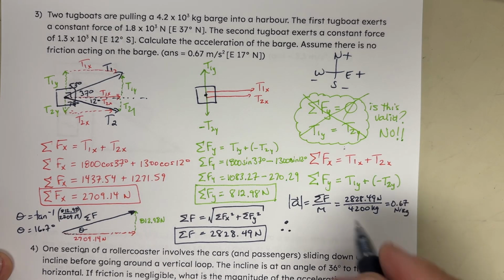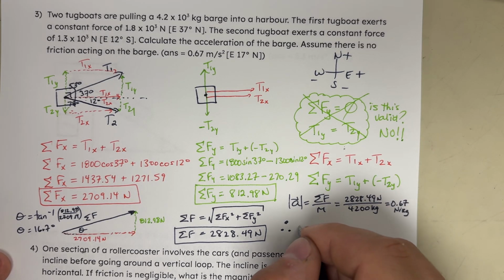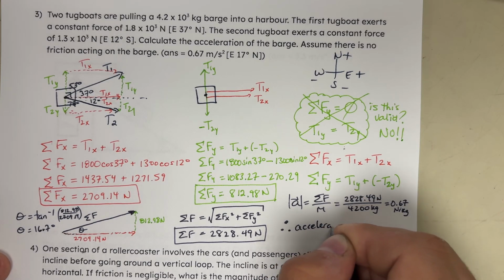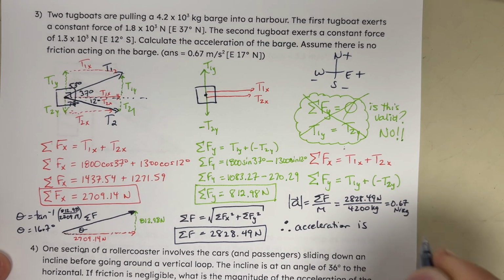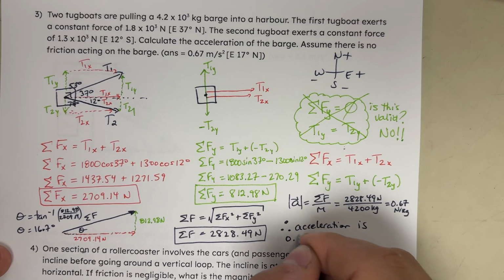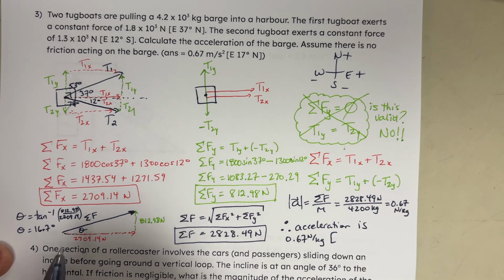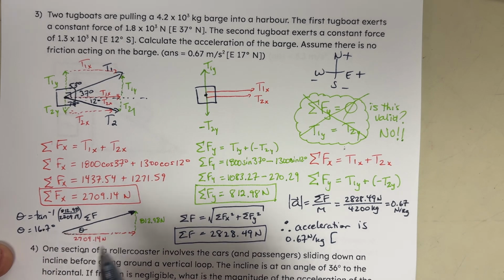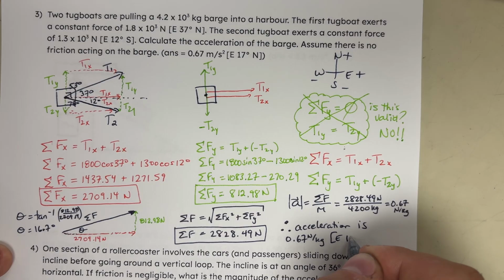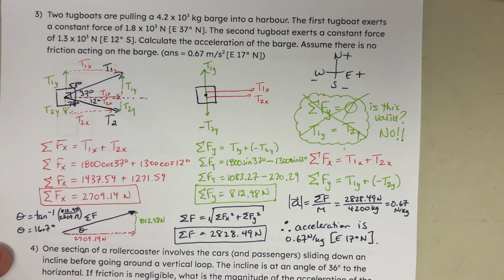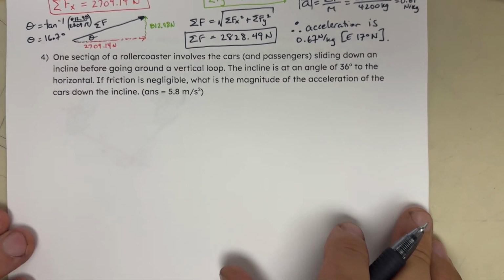And so in this case here, the acceleration is 0.67 newtons per kilograms. And then we have our direction, which is going to be 16.7, so basically 17 degrees. And it's going to be east 17 degrees north. That one was pretty involved.